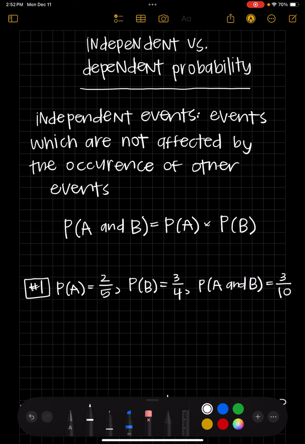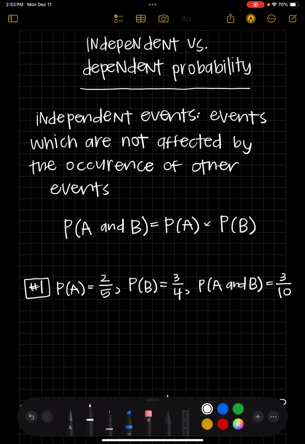A good example of this: an independent probability would be, what's the probability that I sleep 8 hours a night, and what's the probability that my sister sleeps 8 hours a night? Those don't really have an effect on each other, but dependent events would have an effect on each other.